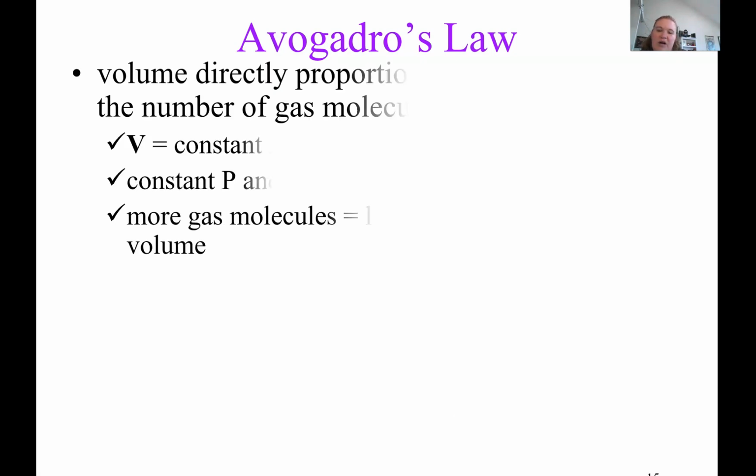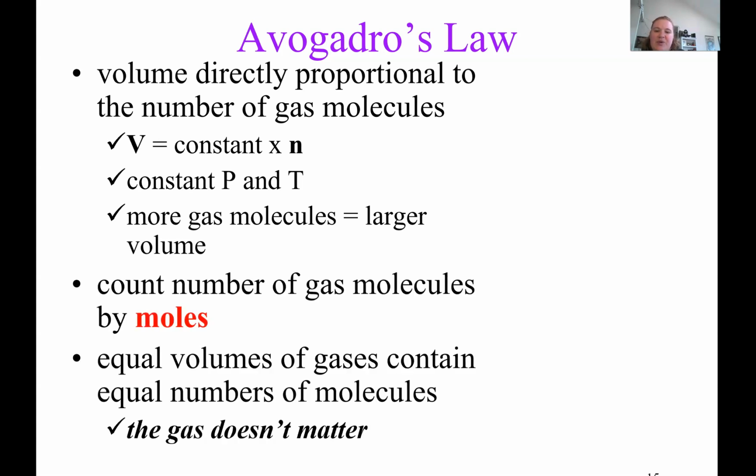All right, the last law of this type, not of this chapter, but of this type, is called Avogadro's law. And so remember, Avogadro's number had to do with a mole and how many particles were in a mole. So Avogadro's law has to do with volume and number of moles for a gas.